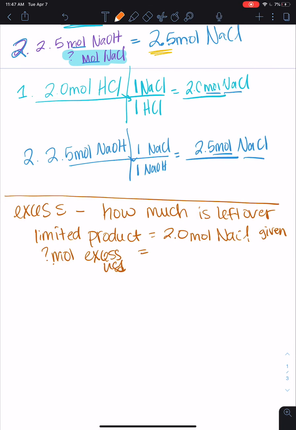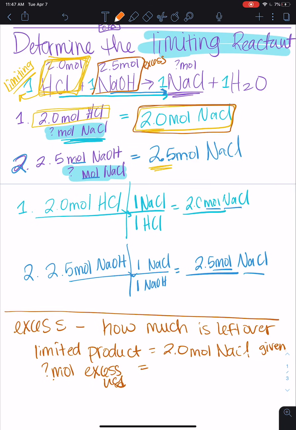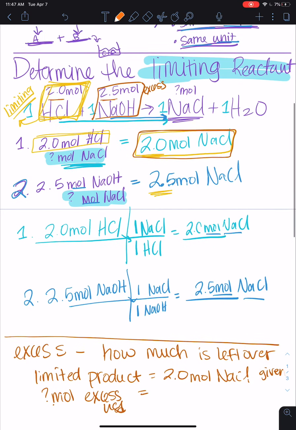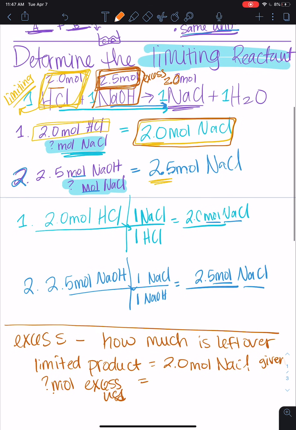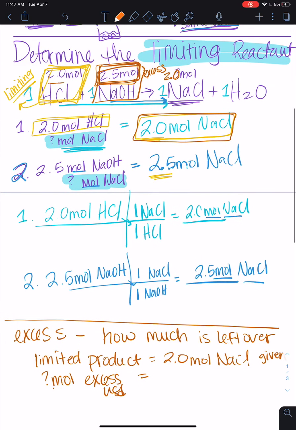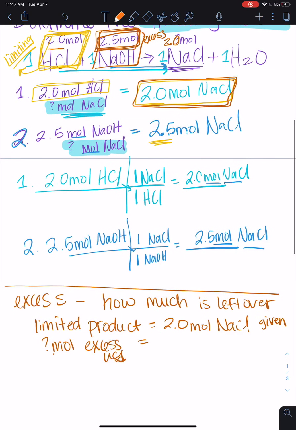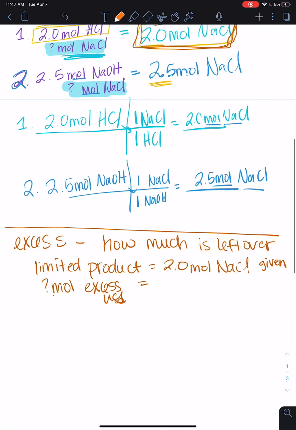So what I'm saying is, say I put 2.0 moles of HCl in, and I put 2.5 moles of NaOH in. I will only get 2.0 moles of NaCl out. So how much of this 2.5 moles of NaOH did I use? I'm doing the same idea, but I'm going to flip it. Now my given is actually my product, and I'm solving for how many moles of NaOH I used.